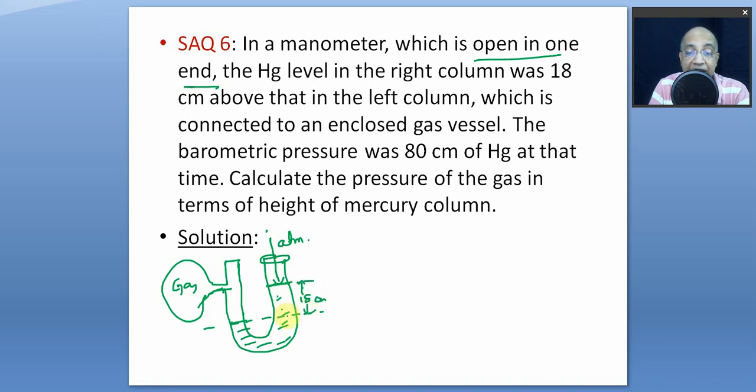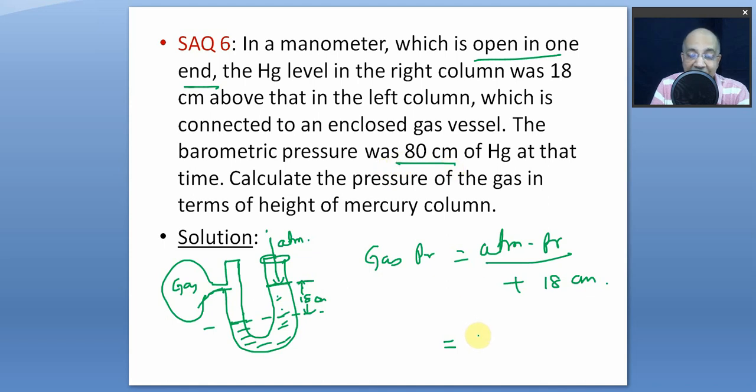And this additional height, so gas pressure is equal to atmospheric pressure plus the pressure due to 18 centimeter mercury column, right? The barometric reading will give you the atmospheric pressure at that time.